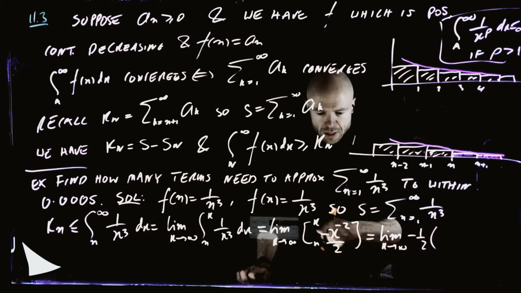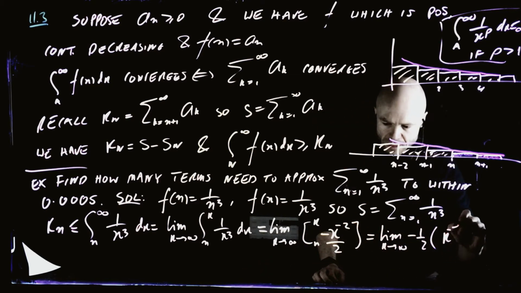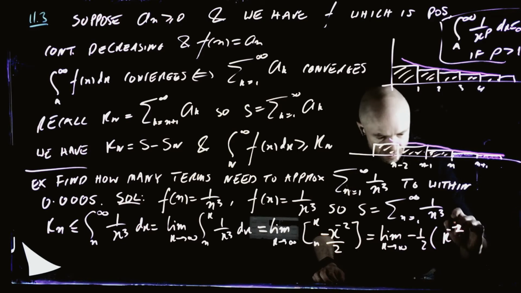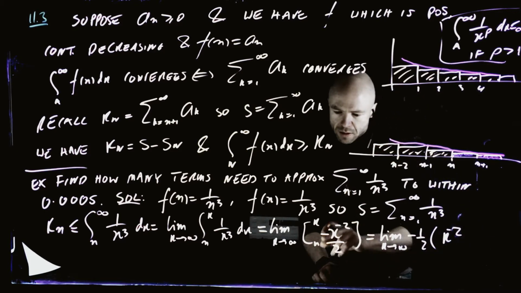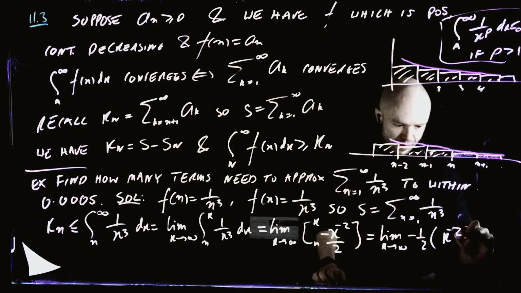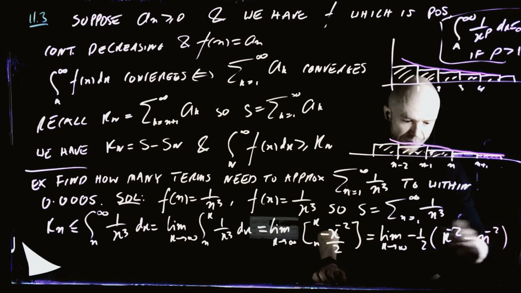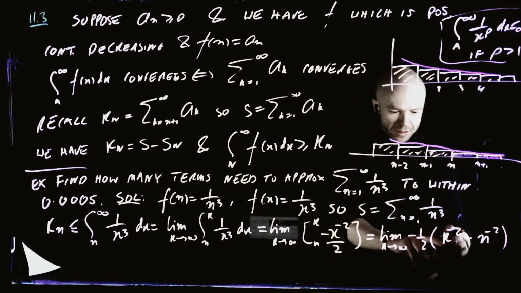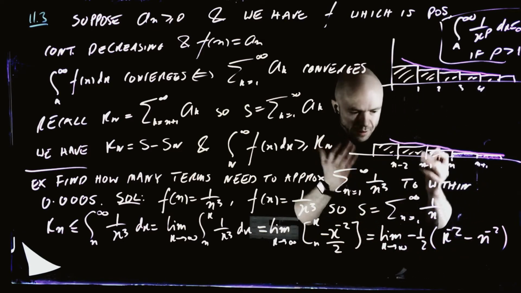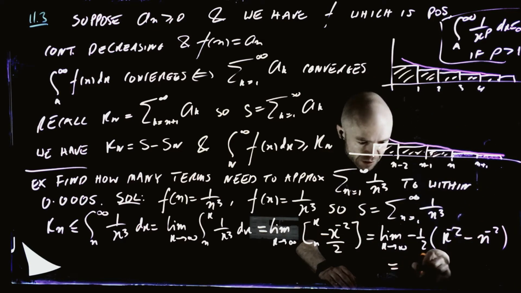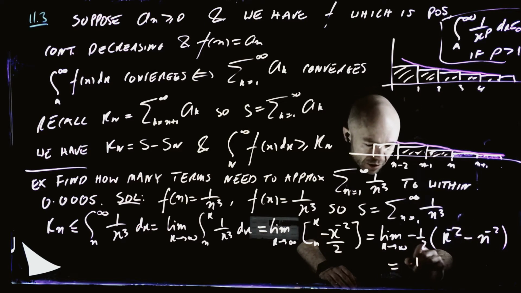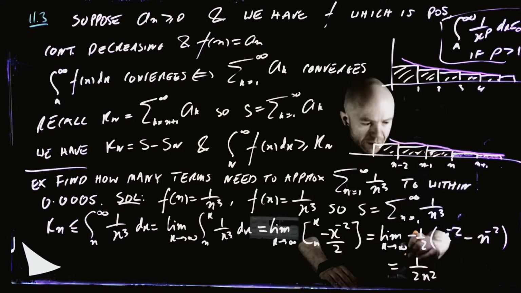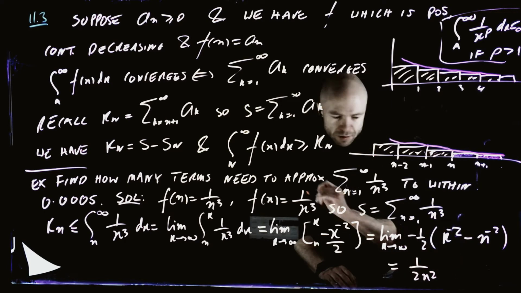And then we just stick in r to the minus 2 minus n to the minus 2. Now as r goes to infinity, r to the minus 2 goes down to 0. Right. So all this is going to be is therefore just n to the minus 2 over 2. So it's going to be 1 over 2n squared. Is this correct? Yes, this is correct.